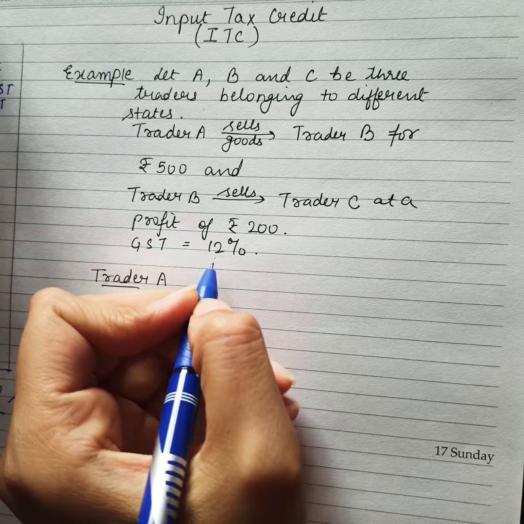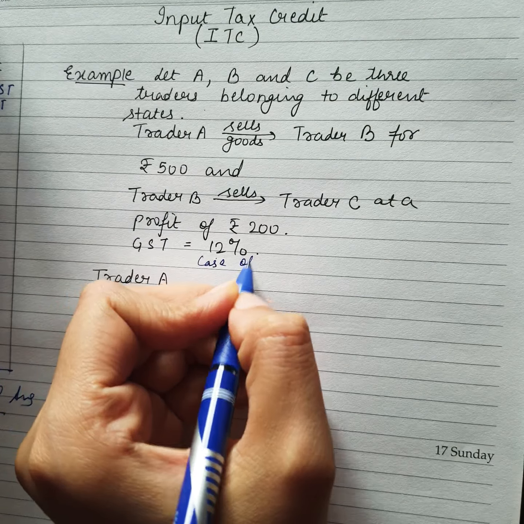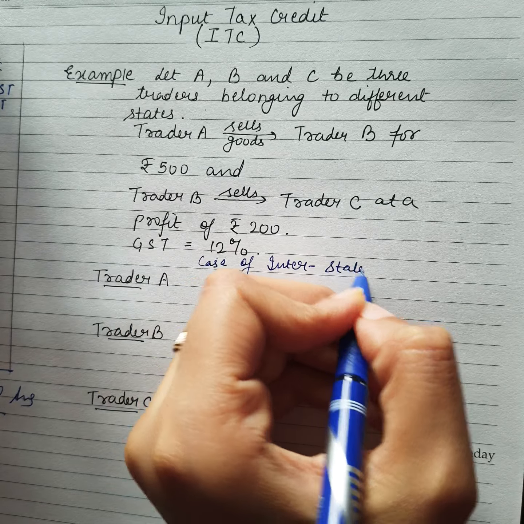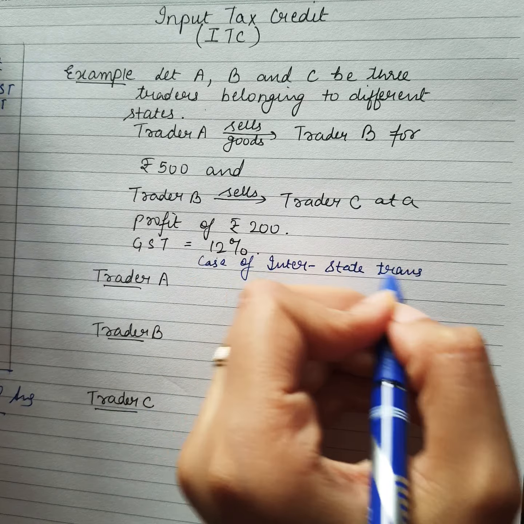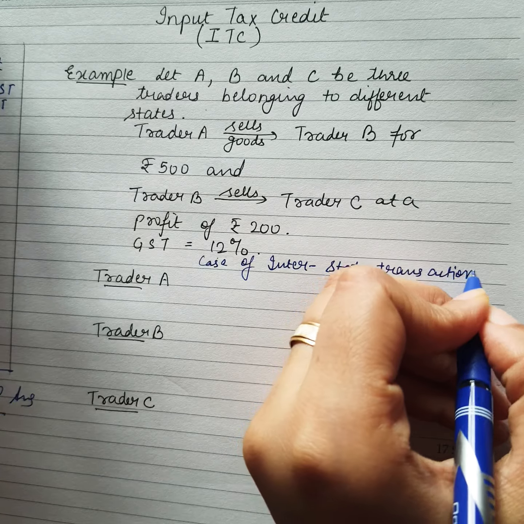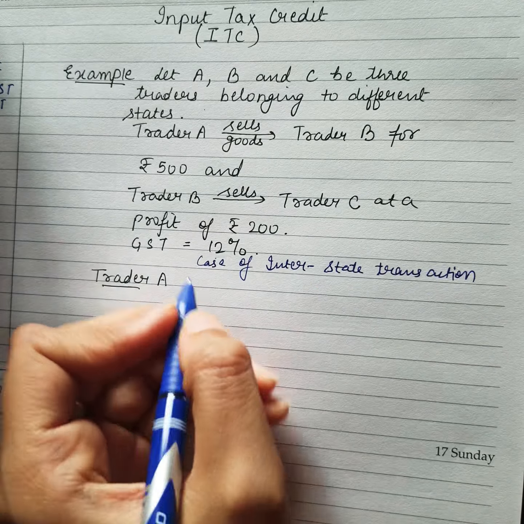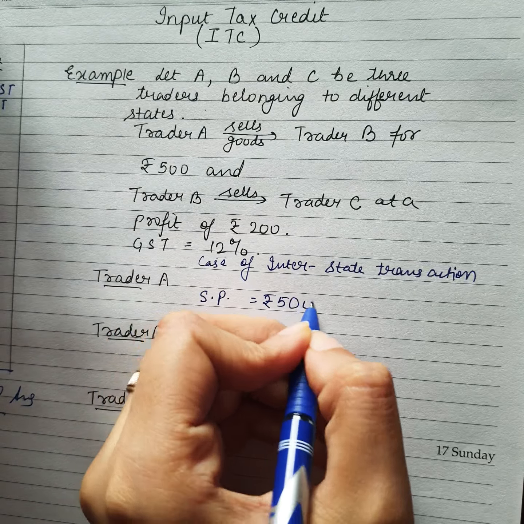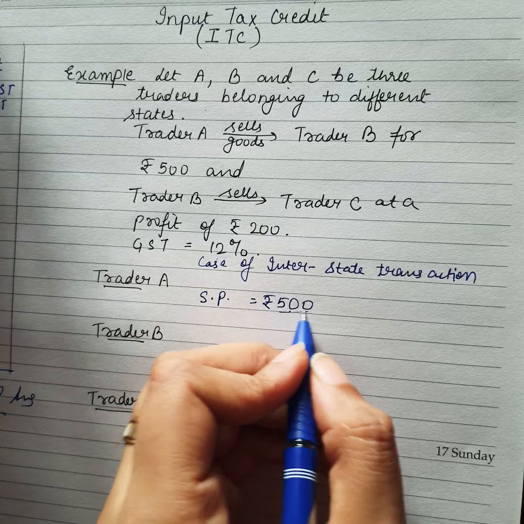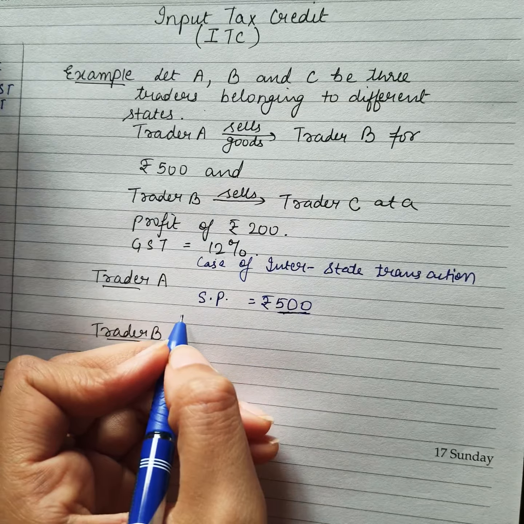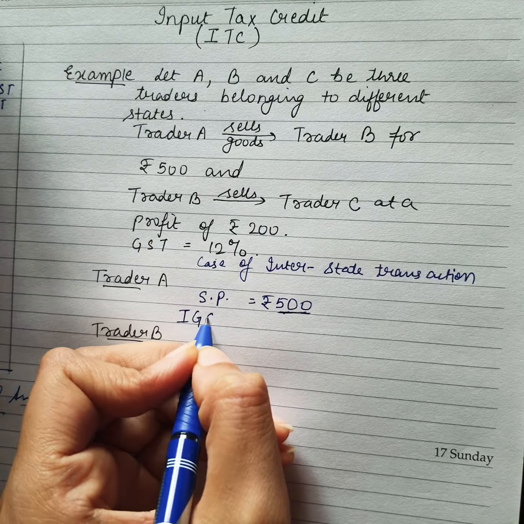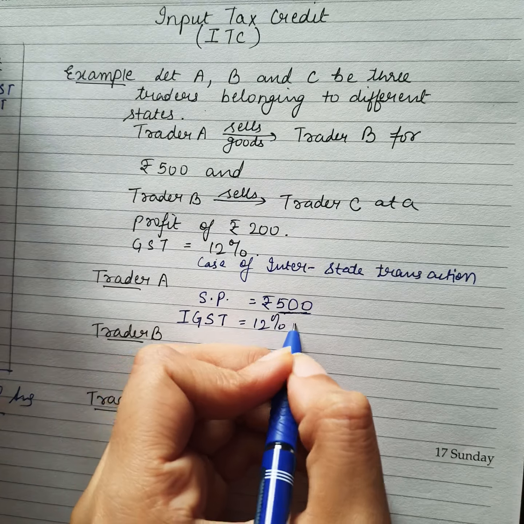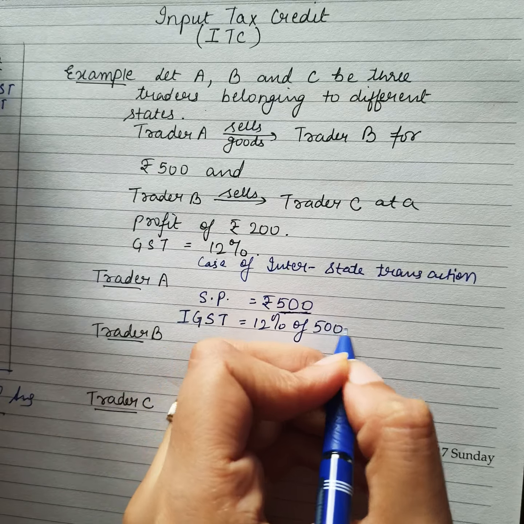So this is the case of interstate transaction. For trader A, the selling price is rupees 500 and while selling the particular good, trader A must have charged IGST from trader B, which is 12% of 500.